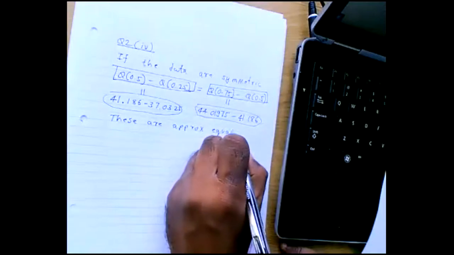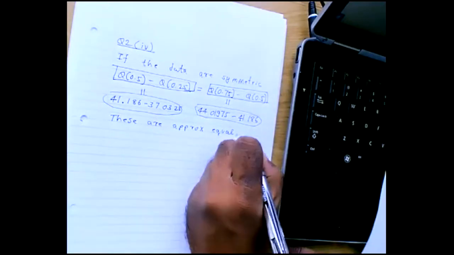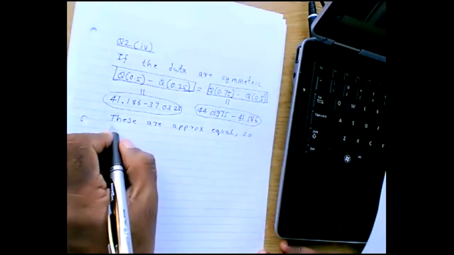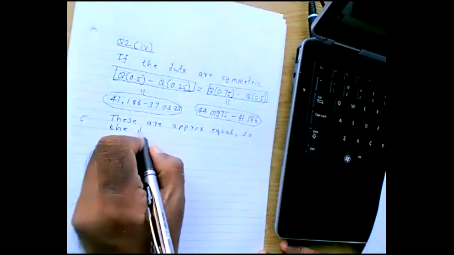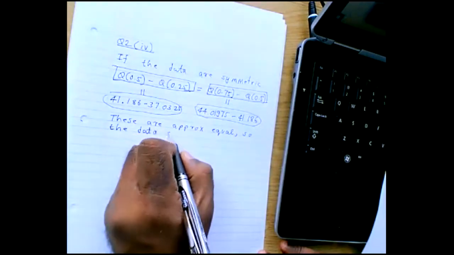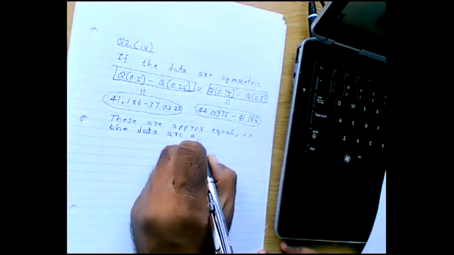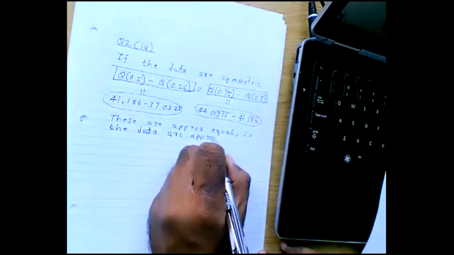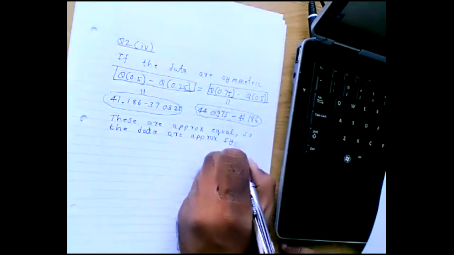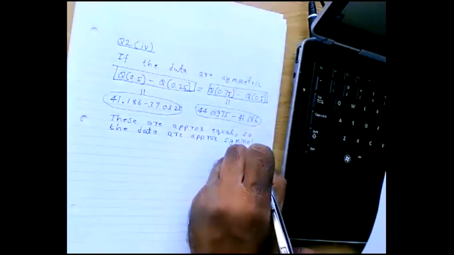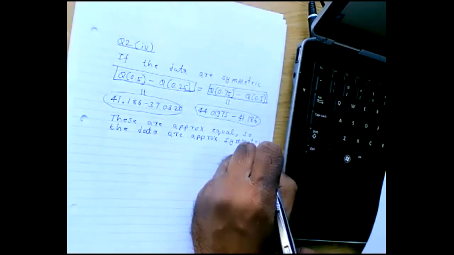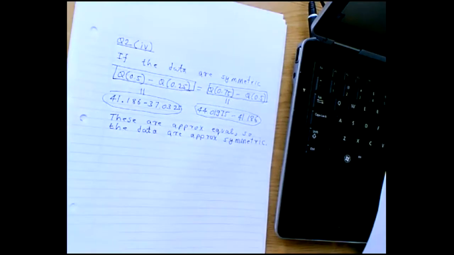So the data are approximately symmetric. That completes question 2 of the tutorial sheet.